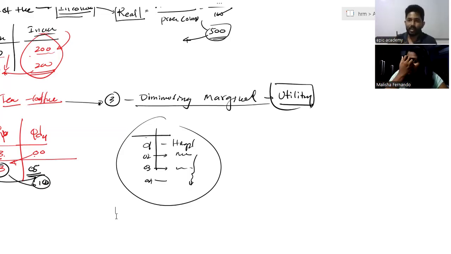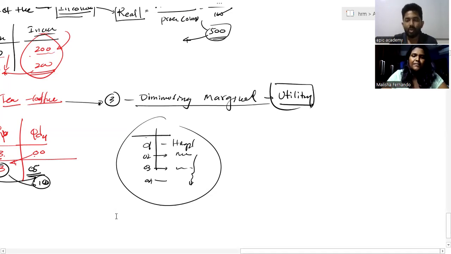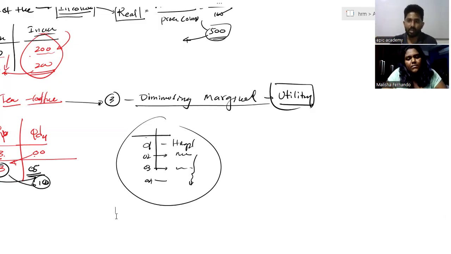We try to purchase more and more goods and services at lower prices. That is how we can increase the utility, we increase the satisfaction of the consumers. We cannot measure the utility. We cannot measure the satisfaction of the consumers.